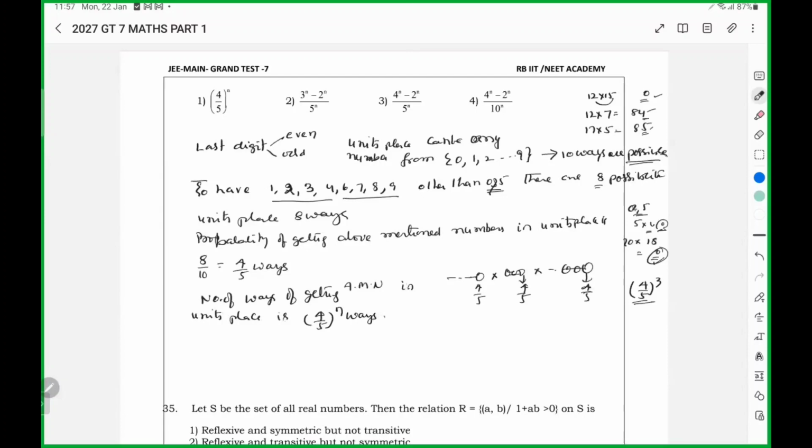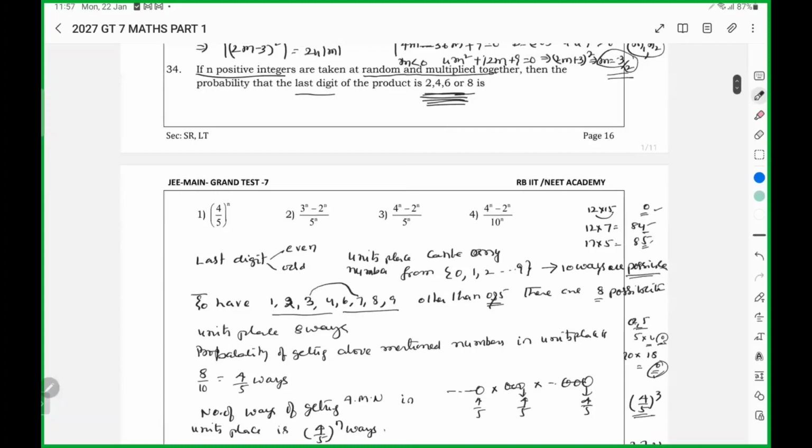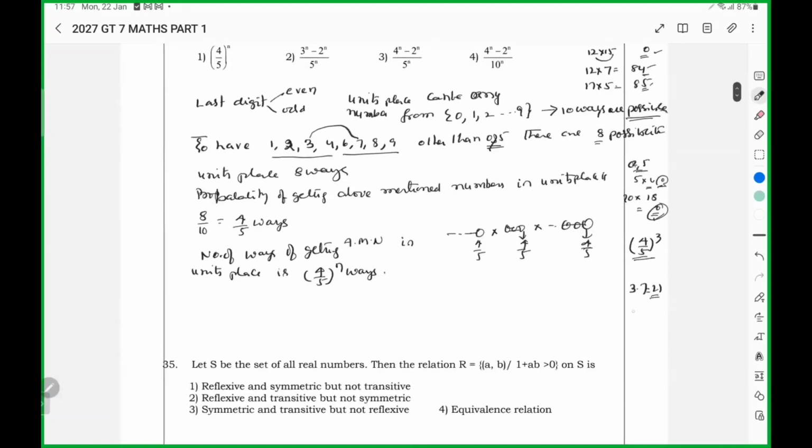Right. So now the problem is that in this we have a certain trouble. 3 into 7, 21. So if you want to take an even number directly, in many cases you have to consider odd, even, right? So to overcome that, I am solving the problem in a negative way.